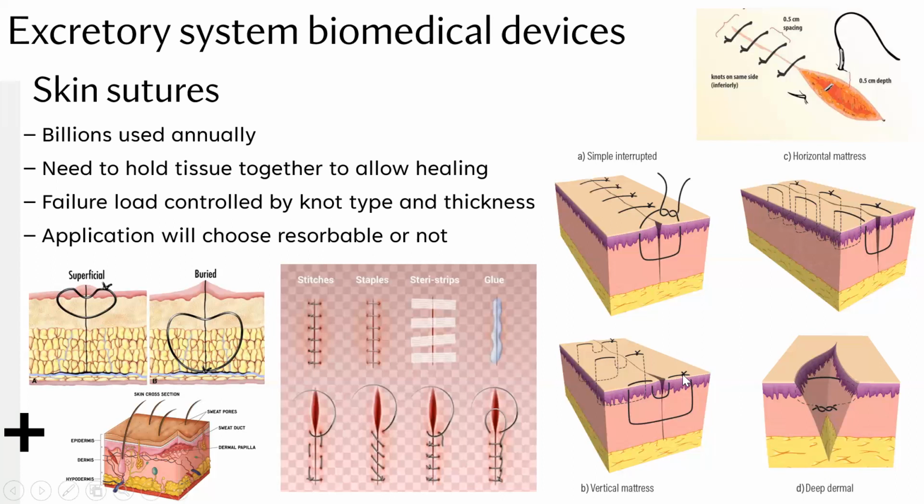If we zoom into that tiny knot, that makes some areas of it more prone to rupture and cracking. Okay, the rest of the material as well can fail, depending on, again, what sort of knot you use.